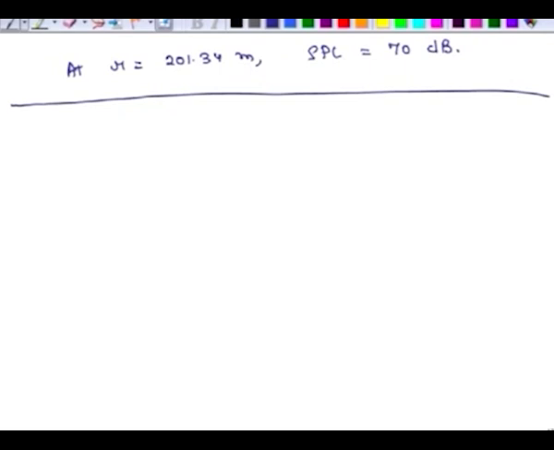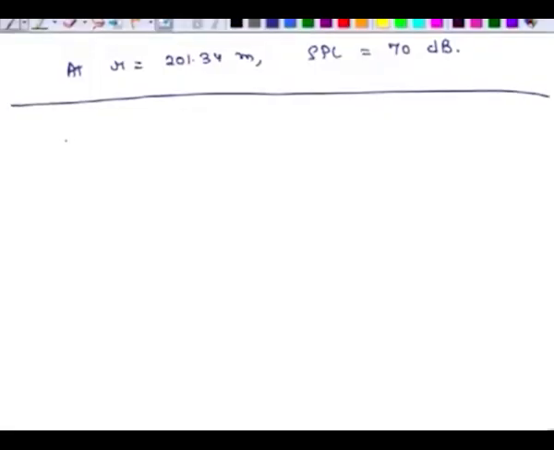Now, finally, we look at the value of U. The last part of this question is, what is U peak at r equals 0.1 meters, or 10 centimeters?